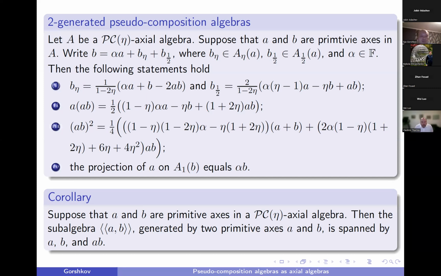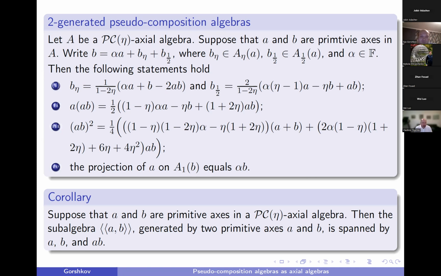Okay, if we take algebra A generated by two primitive axes of pseudo-composition eta type, then the algebra generated by these two axes has dimension at most 3, and here in my first block I describe the multiplication of these two axes.